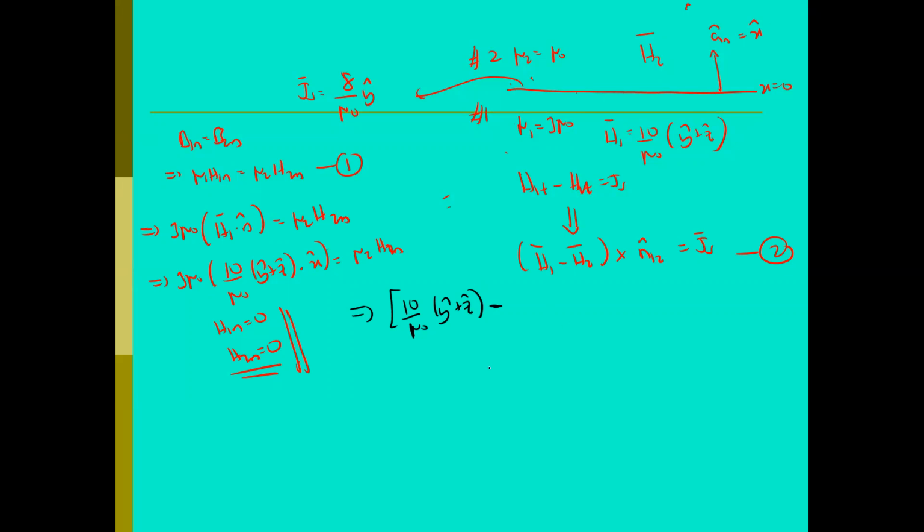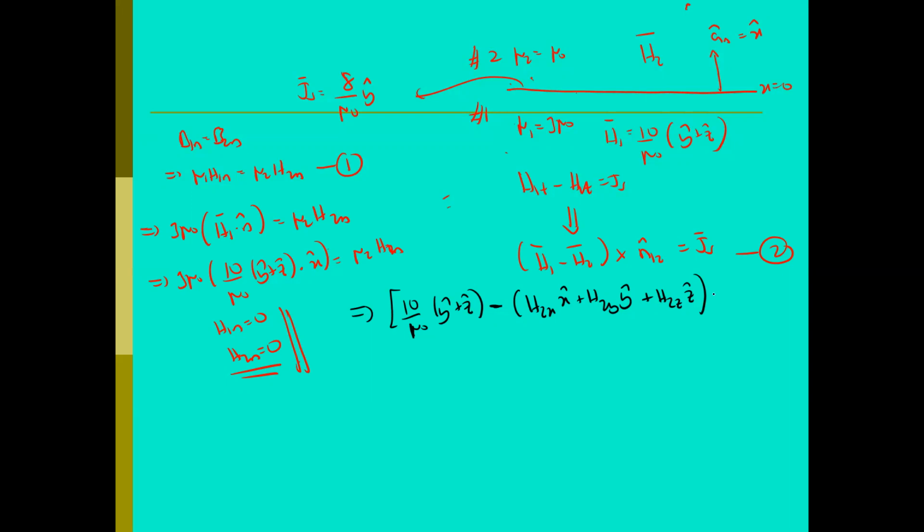So just write it as H2x of x component plus H2y of y component plus H2z of z component. Because H2 is unknown, we just put it in general as H2x of x, H2y of y, and H2z of z.